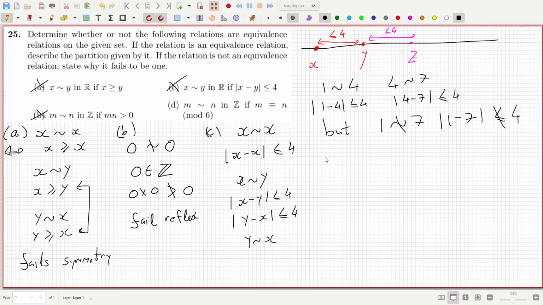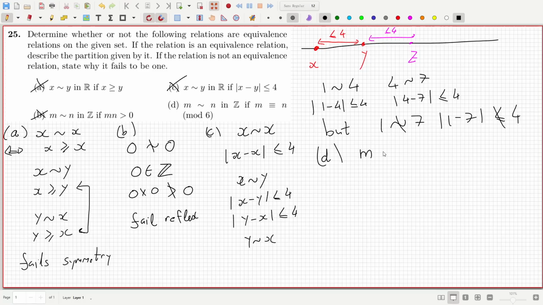So finally, D. m congruent to n in Z if m is congruent to n modulo 6. So let's see if it's reflexive.